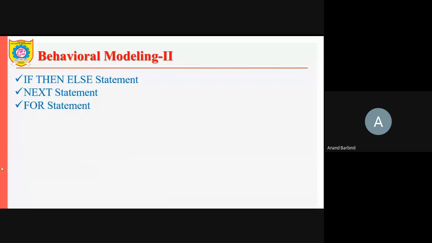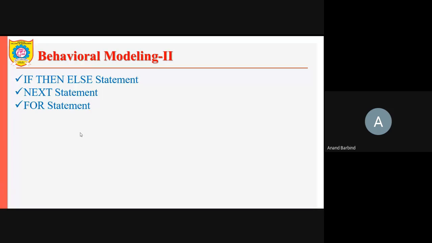With the entity, you define a black box for a particular circuit. The entity specifies the interface for that circuit, that is, what its inputs and outputs are. That is the purpose of the entity, whereas the architecture statement is going to specify the functionality of a given entity.